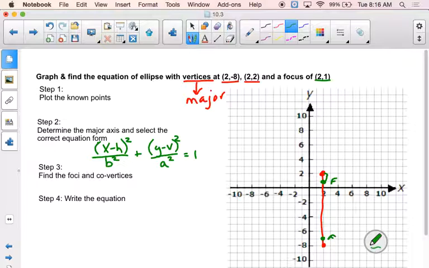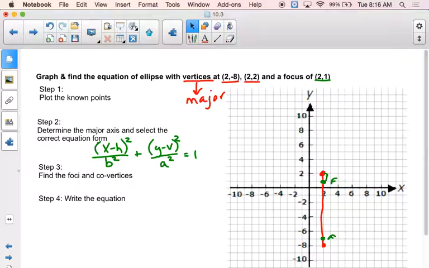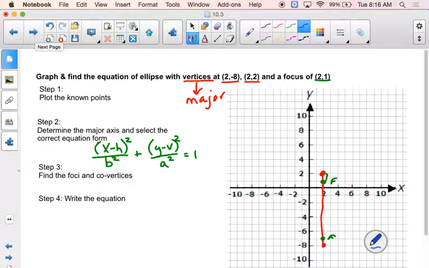Okay, so let's figure out now, how do I find the center and all the points that I need? Well, the first one, if we find the center, I need h, k. Well, that's going to be the middle of the major. So if I count down, I get 1, 2, 3, 4, 5, 6, 7, 8, 9, 10.